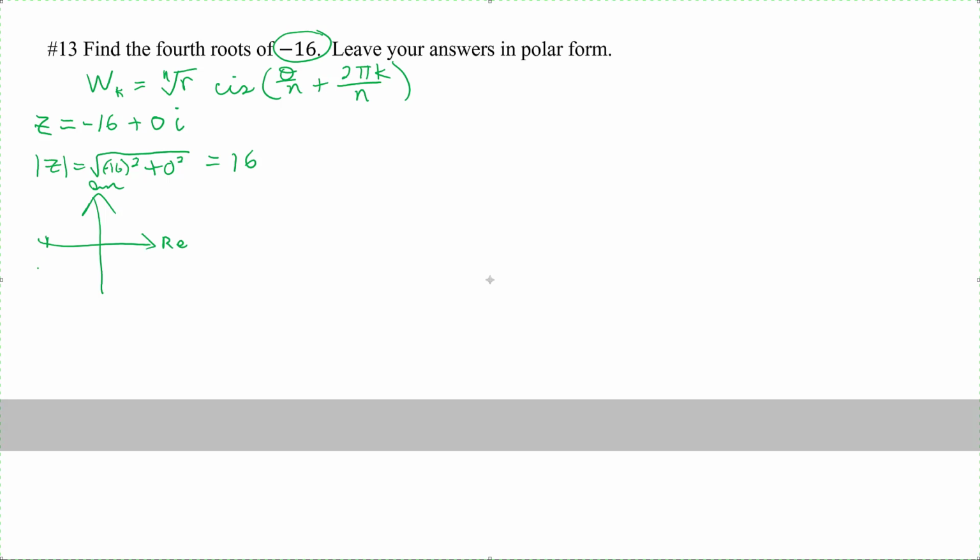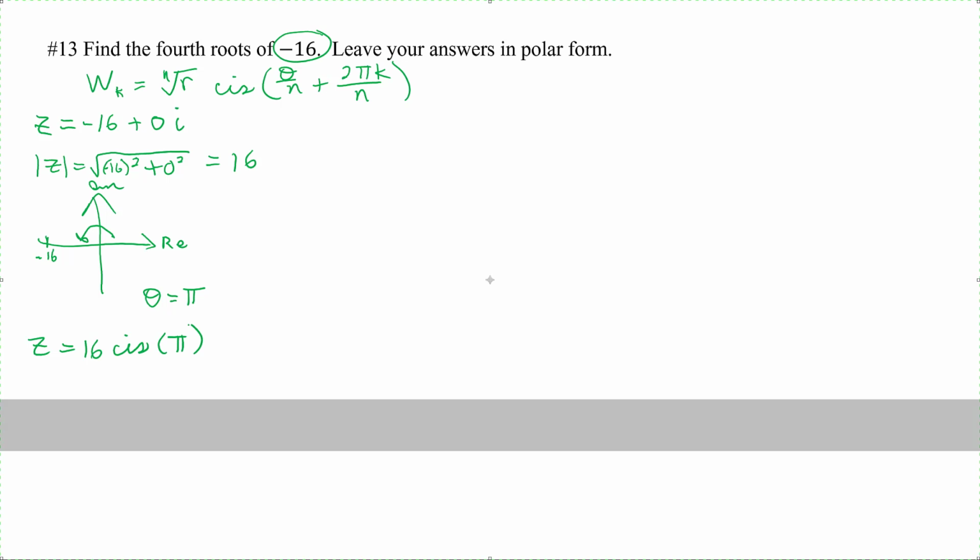Negative 16 is on that negative real axis, right? So I can just look at that without messing with the tangent. I can see that my angle theta here is going to be pi. Okay, so z, written in polar form, is going to be 16 cis pi.